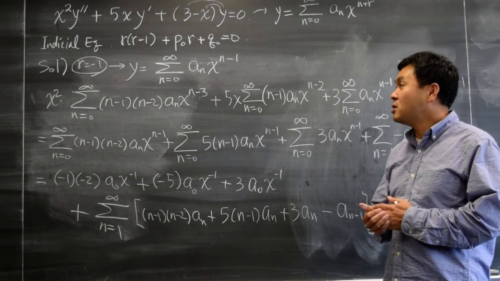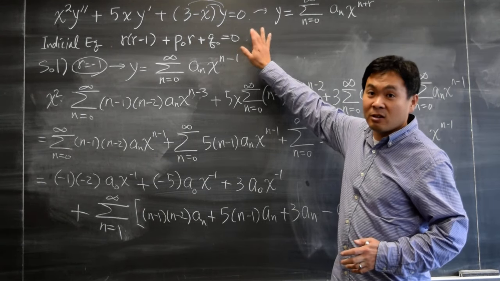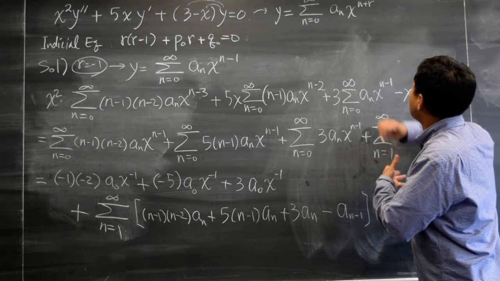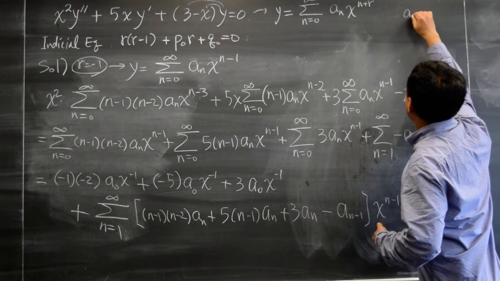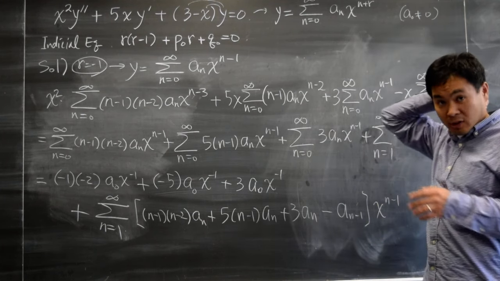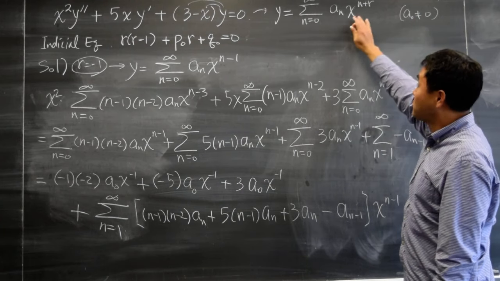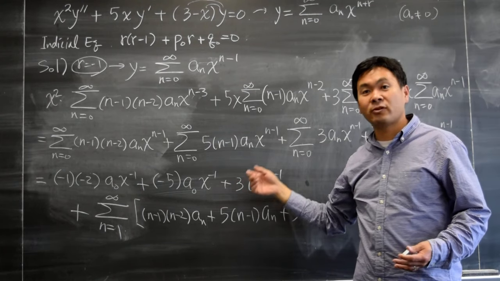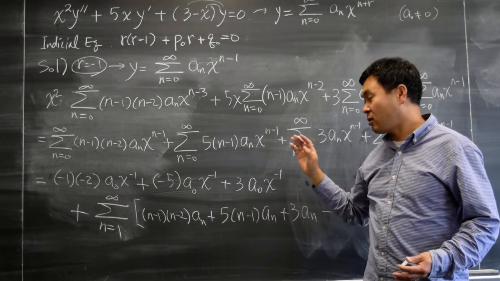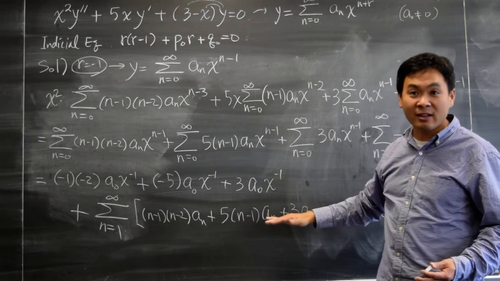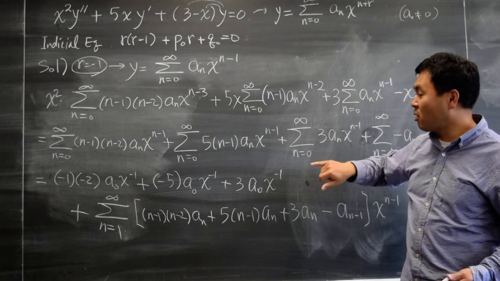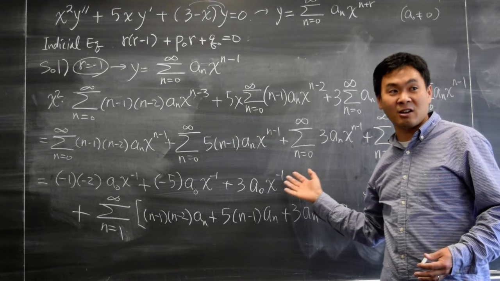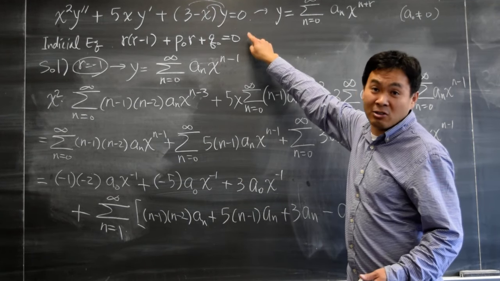If you recall, the indicial equation, this thing here, was obtained by first assuming that a0 is not equal to 0. That was our initial condition. And under this condition, when we wrote down the case for n equals 0, n equals 1, we realized that when n is equal to 0, it produces something times a0, and saying that a0 is non-zero and the other parts should be 0 gave us this indicial equation.